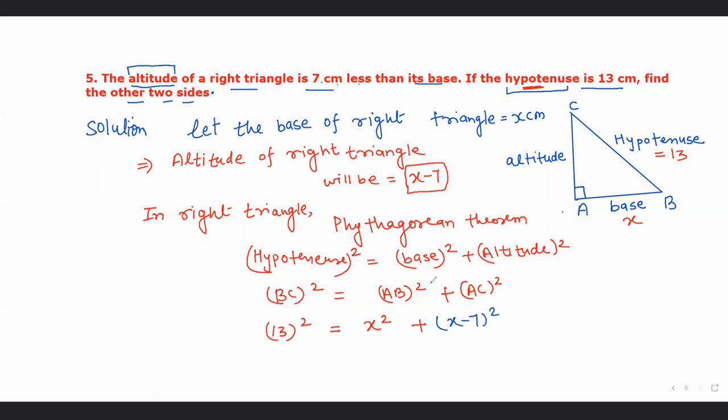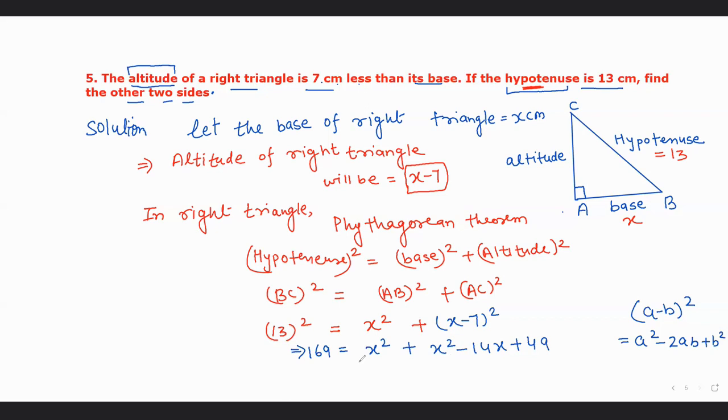Now student, you can see we can simplify this again. 13 square we can write as 169 equal to x square plus, now if you solve x minus 7 square, it will be x square minus 14x plus 49. We have applied the formula a minus b square, that is a square minus 2ab plus b square.